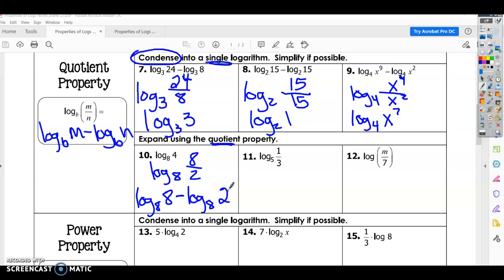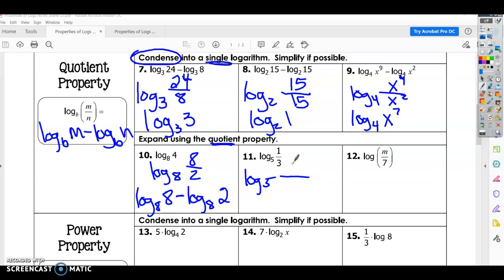All right, so we're just using the property to expand. So here I'm going to have log base 5, and I'm going to have a quotient of something that equals 1/3. Well, what equals 1/3?